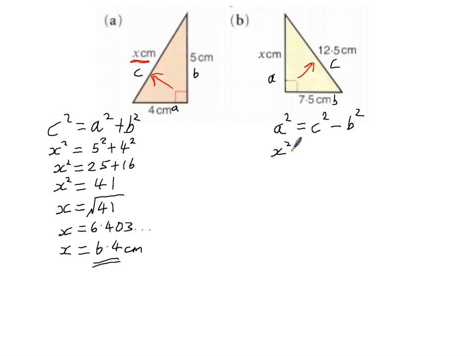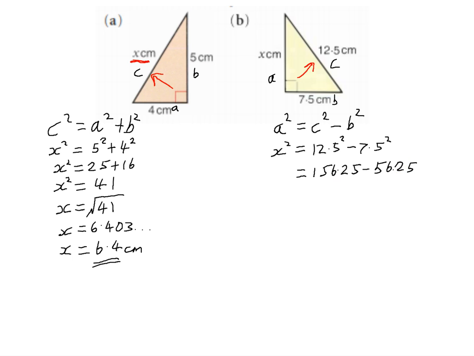So x squared equals 12.5 squared minus 7.5 squared. And that comes out at 156.25 minus 56.25.